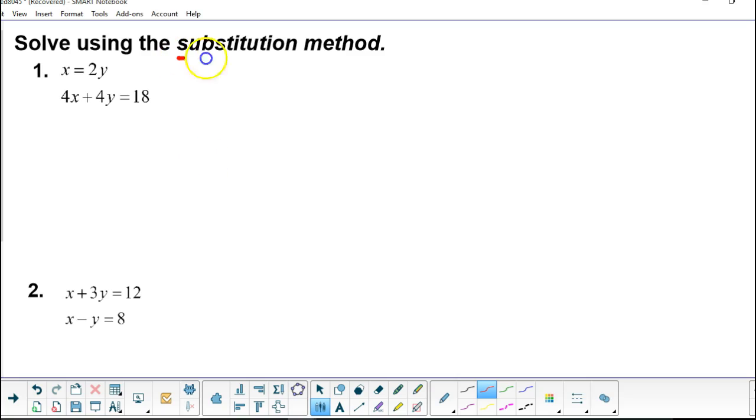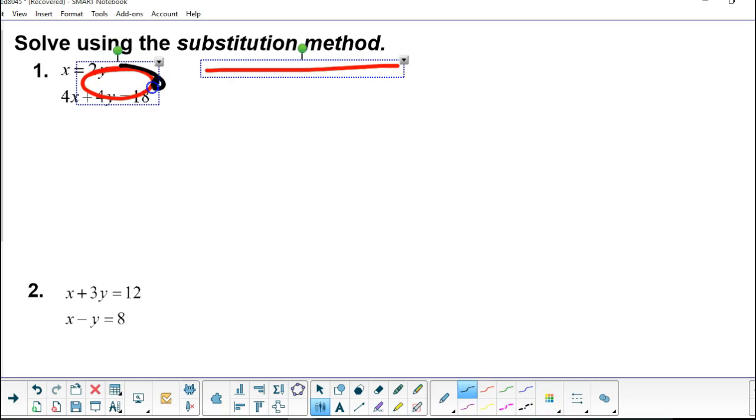Well, we're asked to use the substitution method. So we're going to look for the opportunity to get one of the variables by itself. In this case, we already see that x is by itself. It's right there, ready for us to use. So we're going to take that and go to the other equation with it.